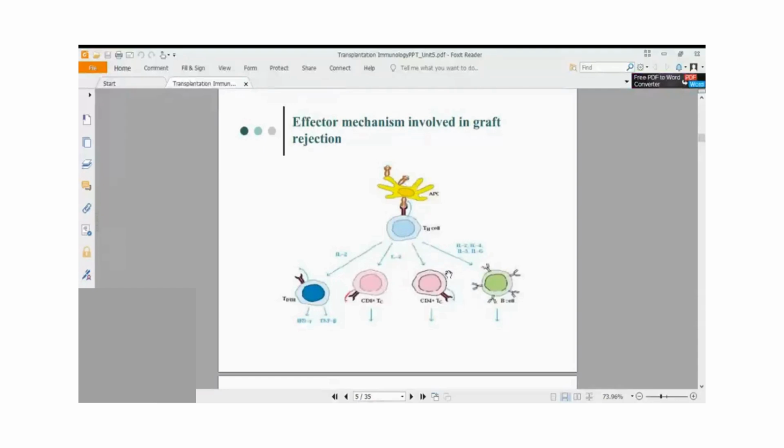The second arm of the immune response is the host antigen presenting cells, that is the recipient antigen presenting cells, which are there in plenty, will be sampling the antigens of the donor's organ, and they will also simultaneously undergo activation and start activating another batch of TH cells, and they will also mount an immune response.